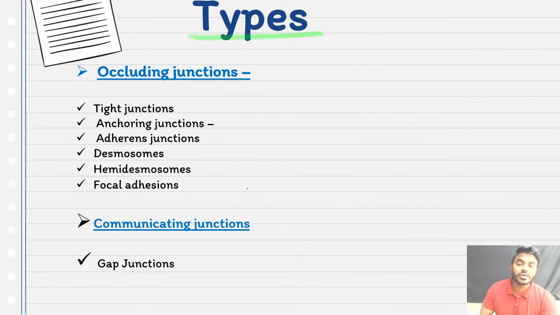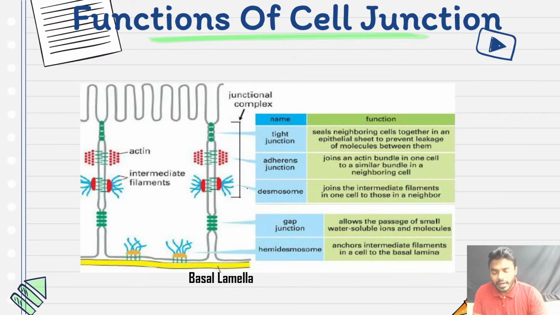Kindly do not get confused with this particular statement. Now we will discuss the junctions one by one very elaborately. In every junction, you have to remember the structure, the function, and most importantly, what kind of proteins are involved in that particular junction formation.